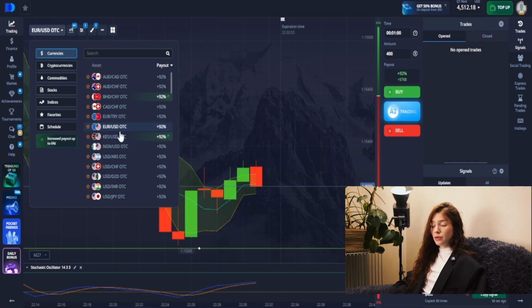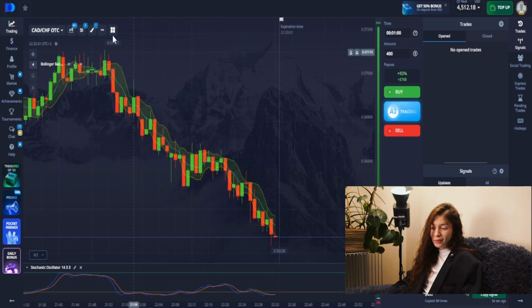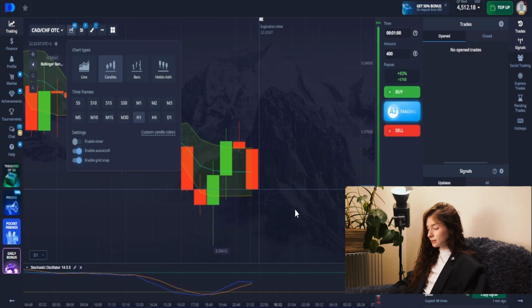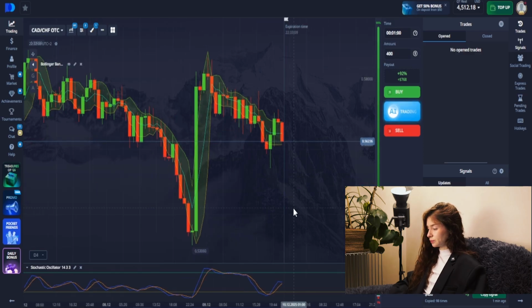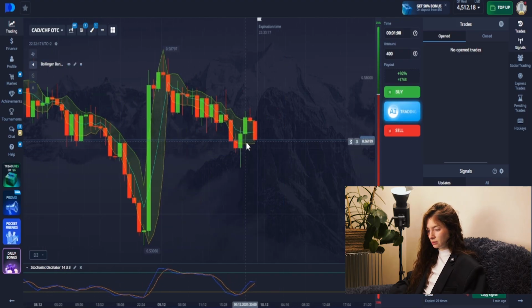Let's move to another currency pair and see what's happening. The situation looks mostly bearish, but let's analyze it. There was a breakout up, but more like stabilization around this level.